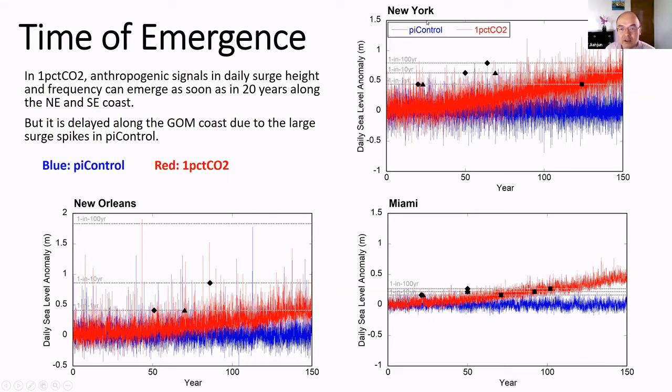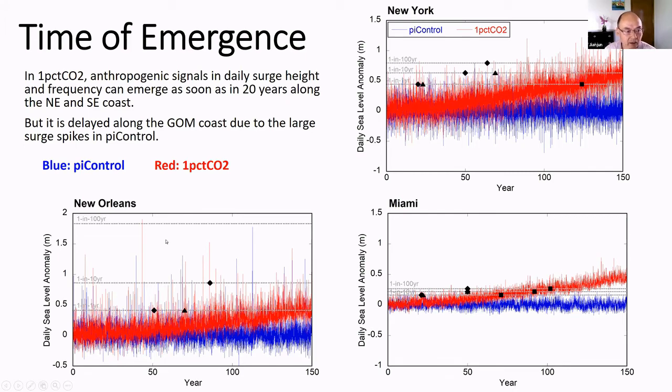So at New York, this early emergence is facilitated by the AMOC induced dynamic sea level rise in this region. And at Miami, the early emergence is due to the small background variability, small surge at Miami.